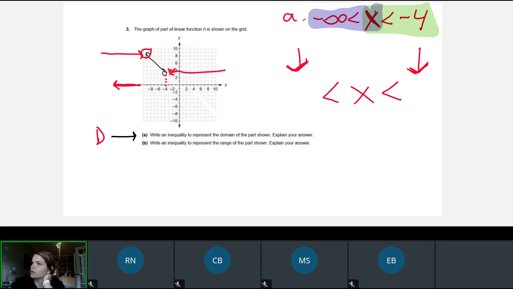If it is an arrow, that means it's going to continue on. So you need to ask yourself, is this going to continue on to positive infinity or negative infinity? Good, Liv, I'm glad. Perfect. Good, Paulina.